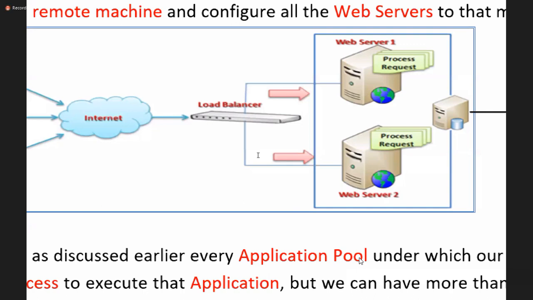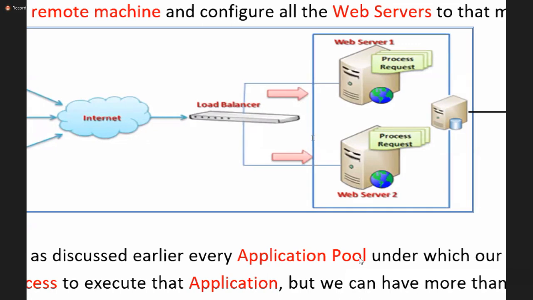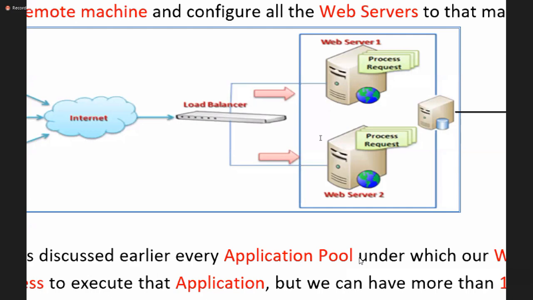So to overcome the problem, take a separate machine, install state server or SQL Server software, and configure these 2 machines to this third server. Now this third machine has either state server or SQL server installed.